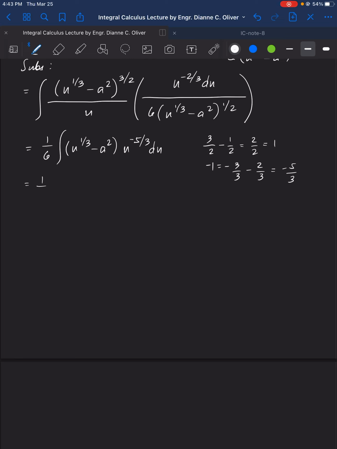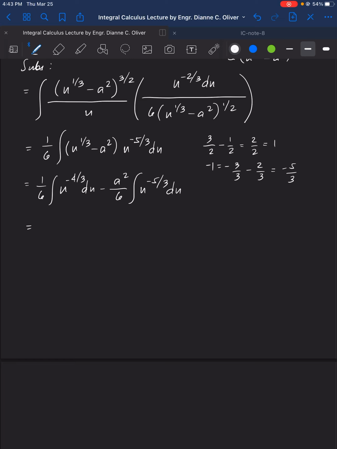This is equal to 1 over 6 integral of, distribute. What is 1/3 minus 5 over 3? That is u raised to negative 4/3 du minus a squared over 6 integral of u raised to negative 5 over 3 du.